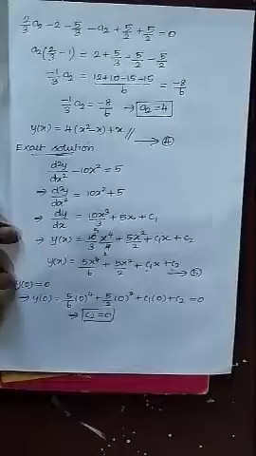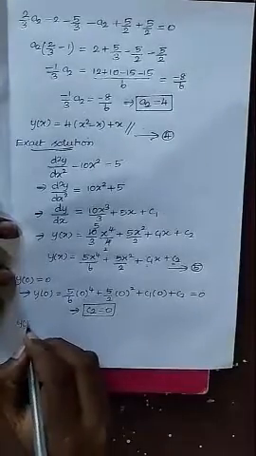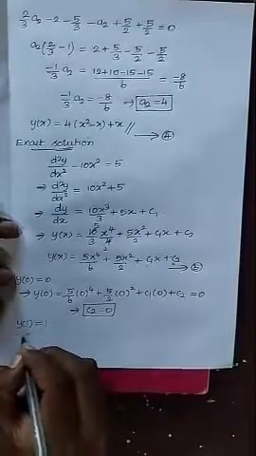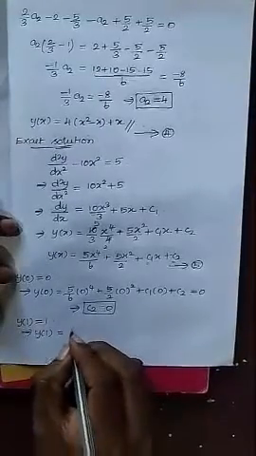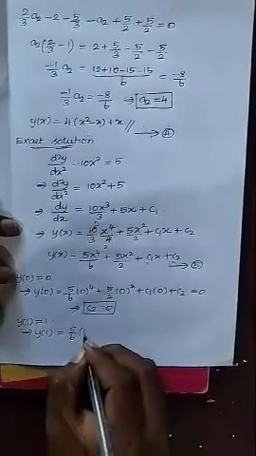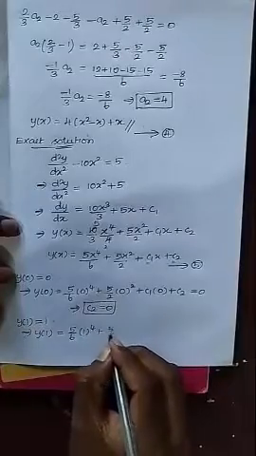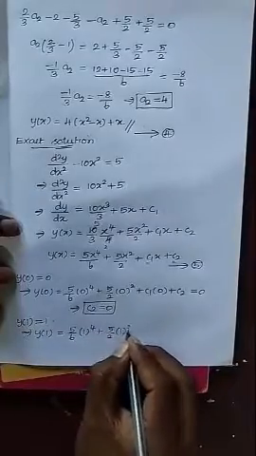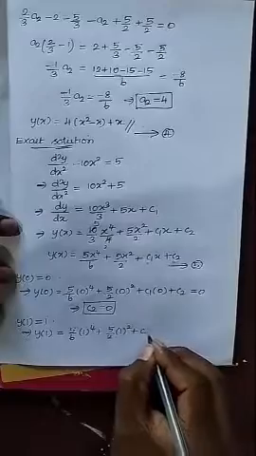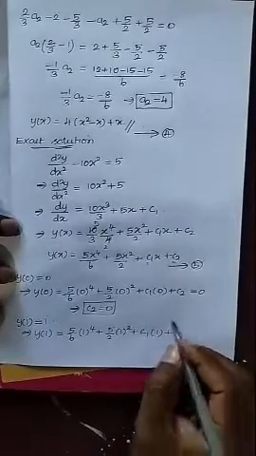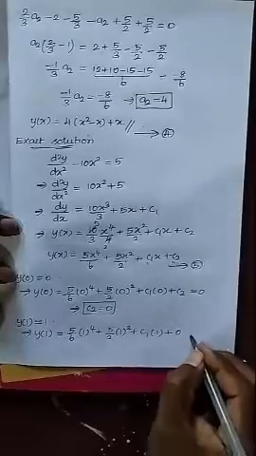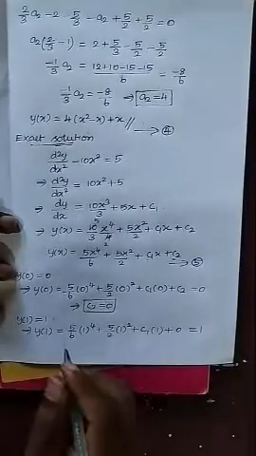Okay. On applying the second boundary condition, that is y of 1 is equal to 1, in equation 5, y of 1 is 5 by 6 into 1 power 4 plus 5 by 2 into 1 square plus C1 into 1 plus C2 value we have calculated in the previous step as 0 is equal to 1. Okay.